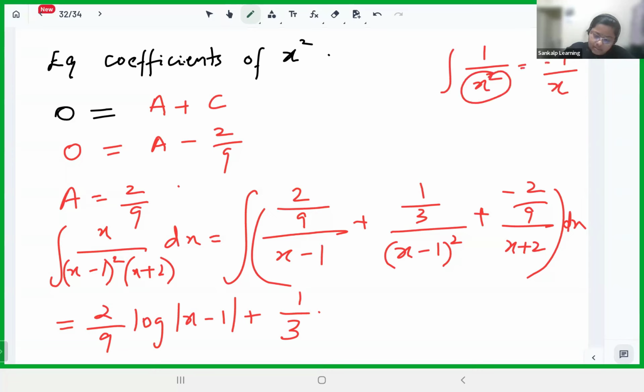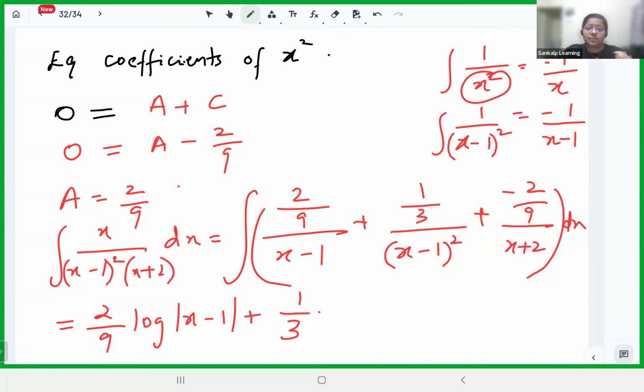But here it is x square, right? So this is equal to 1 by 3, we can take it outside, and this one will be equal to minus 1 by (x minus 1), because it is actually integral 1 by (x minus 1) the whole square.